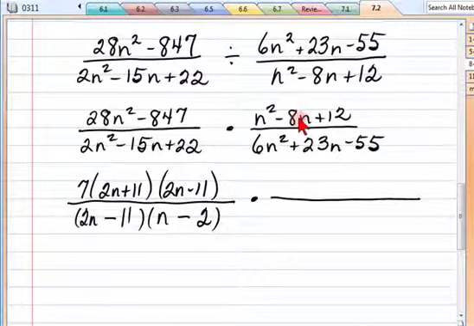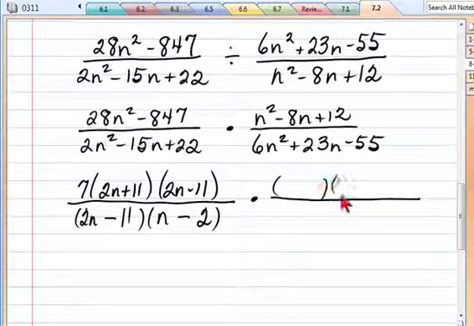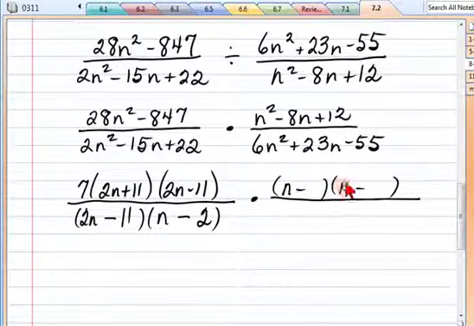Okay, this numerator, the last sign is plus, which means both signs match the middle term. They're both minuses. I need an n and an n. I need factors of 12, which add up to be 8. 6 and 2.